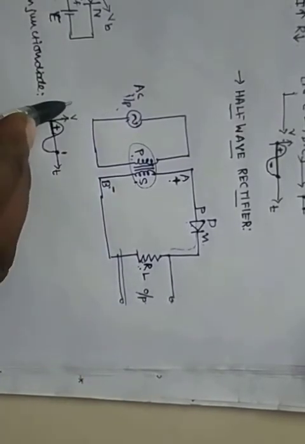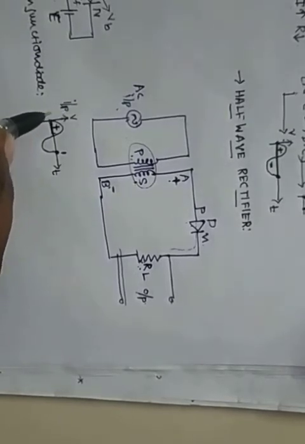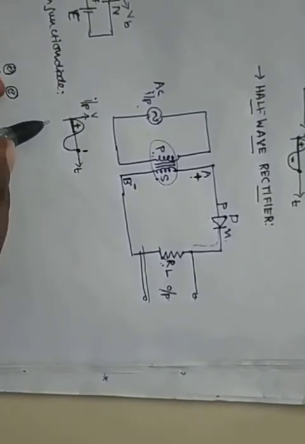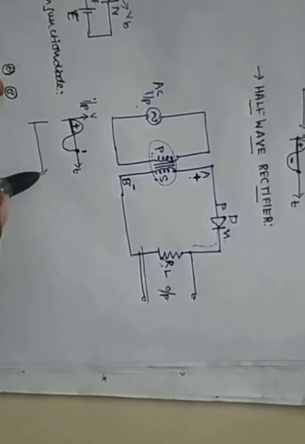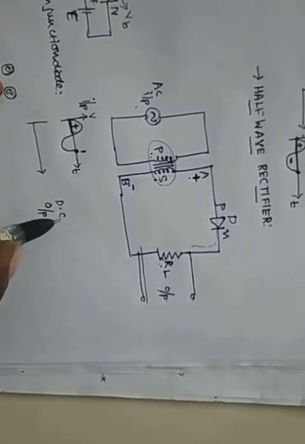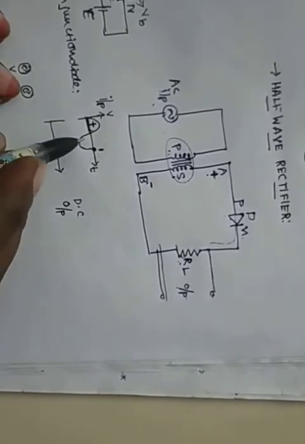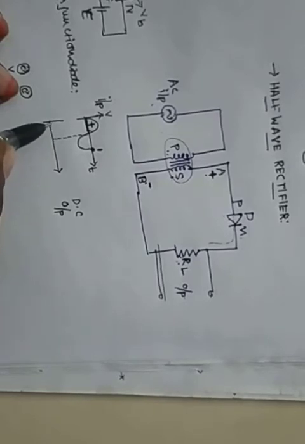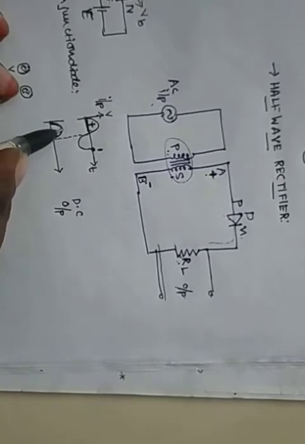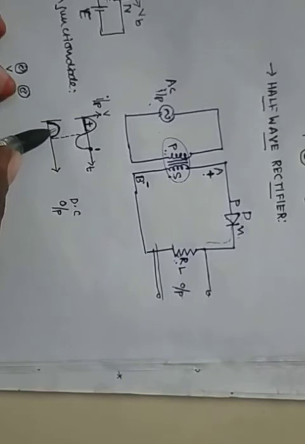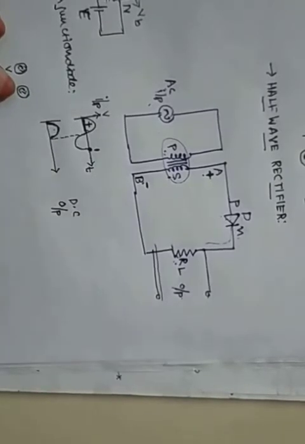This is the input, and this is the DC output. For this half cycle the output is coming, that's why you draw a pulse. This is the output of the positive half cycle.